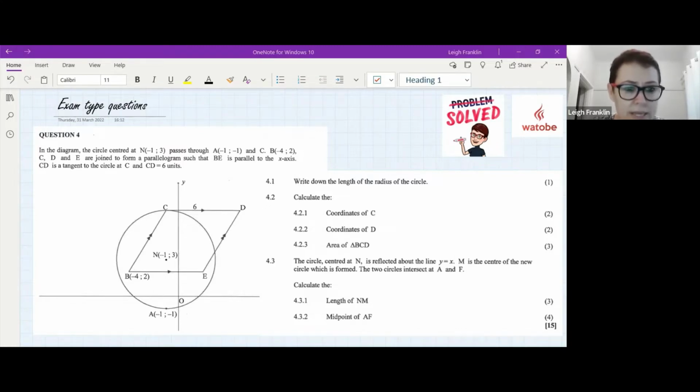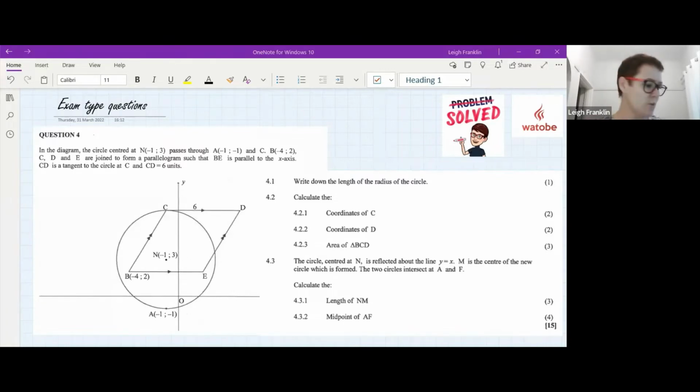They also tell us that B, which is one of the vertices of the parallelogram, is at -1, 2, and that B, C, D, and E are joined to form parallelograms such that BE is parallel to the x-axis. CD is a tangent to the circle at C, and CD is 6 units long. Okay, so quite a lot of information comes with this diagram. Let's go and have a look at the question.